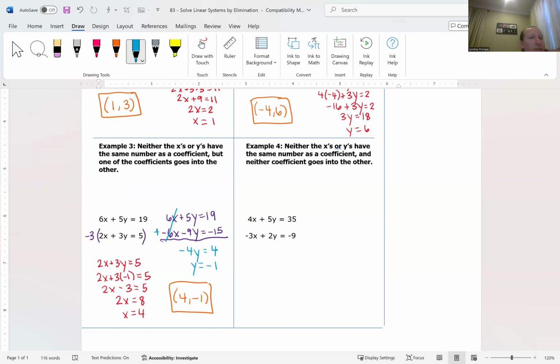For this one, okay, when one of the numbers goes into the other one, you can multiply one equation to make x's or y's match. Or opposites. I like opposites more.